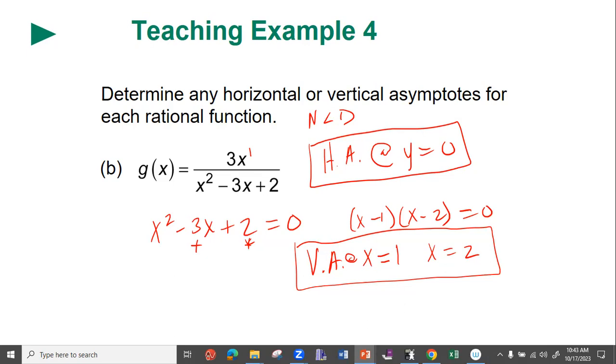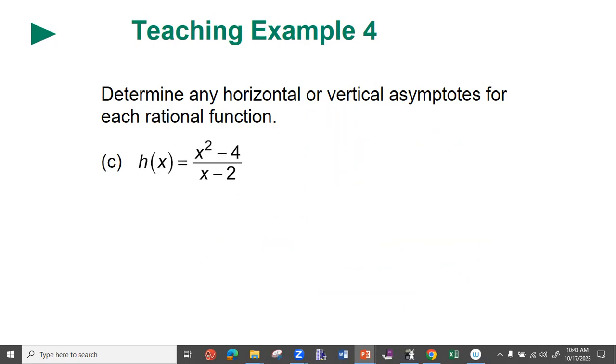If you have a degree of 2, maybe. All right, what about this guy? Do I have a horizontal? Why not? Because it's greater. There we go. My numerator is greater than my denominator, so I do not have a horizontal.